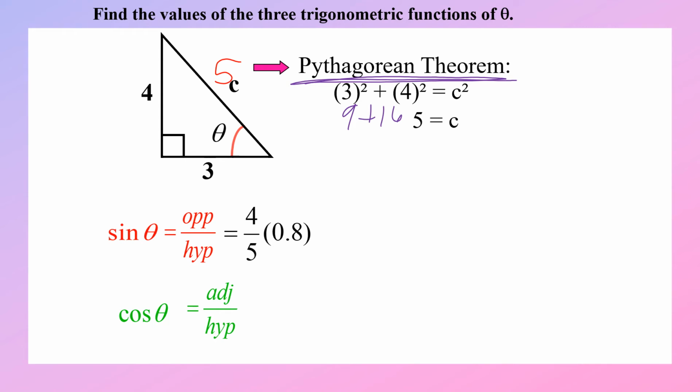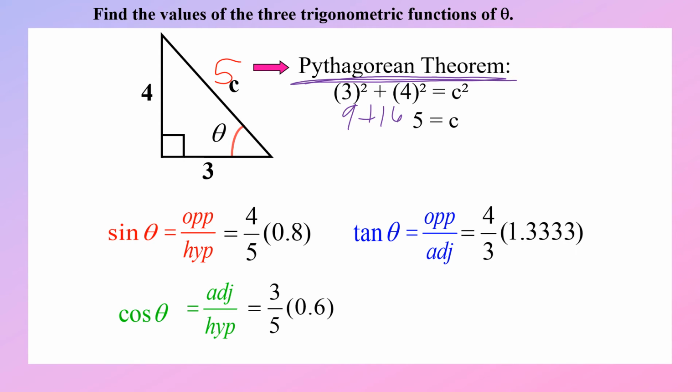Adjacent to theta is 3, the hypotenuse is 5, so we have 3 over 5, which is also 0.6. For tangent, it's opposite over adjacent. Opposite is 4, adjacent is 3, that is 4 over 3, or you can put it as 1.3333. All right, so that is a good review of what we did on Monday and Tuesday.